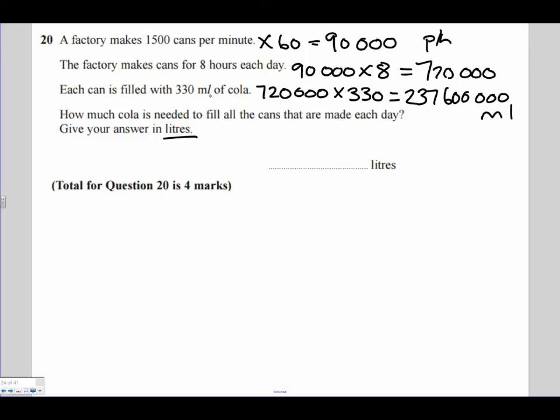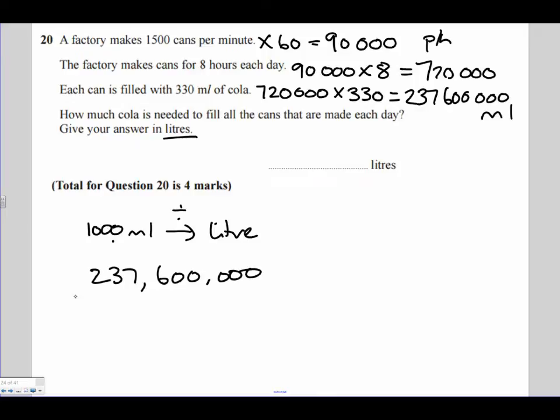Now, we have to go from milliliters to liters, so there is 1,000 milliliters to every liter. So we're going from a small value to a big, so we need to divide by 1,000. So 237,600,000 divided by 1,000 gives us 237,600 litres of Coke required each day.